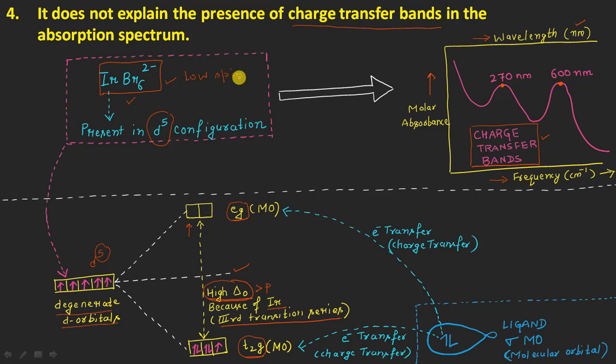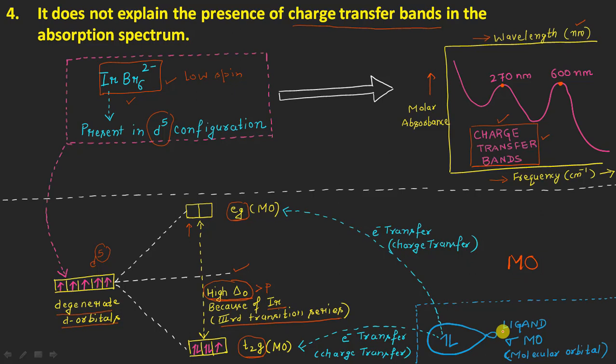But what we are interested in here is how the charge transfer bands are coming in this absorption spectrum, which are different from the regular absorption bands arising from d-d transitions. And we are saying here that the presence of such bands cannot be explained on the basis of crystal field theory. And here we are taking the help of the molecular orbital theory.